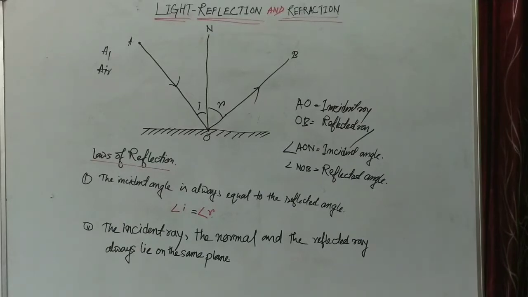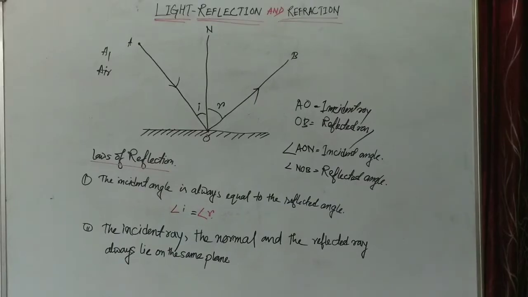The normal is also drawn at the same point. If those three lines meet at the same point, and that point lies on the polished surface, then the incident ray AO, the normal ON, and the reflected ray OB lie in the same plane. So these two are the basic laws of reflection.